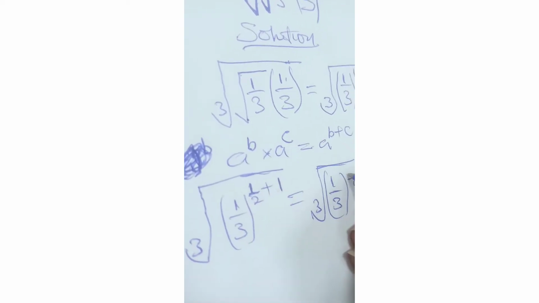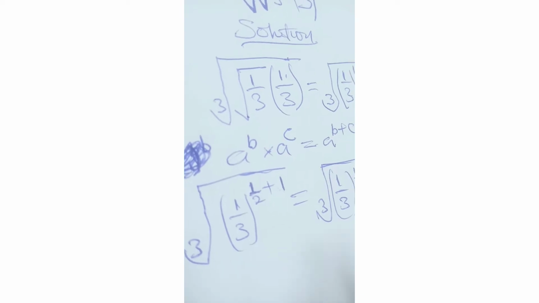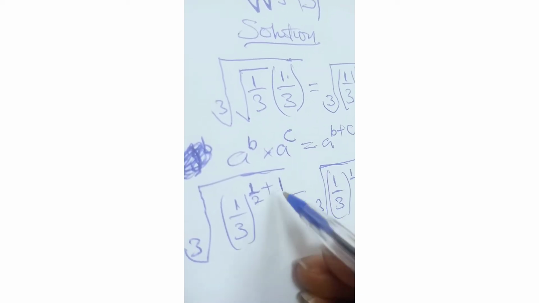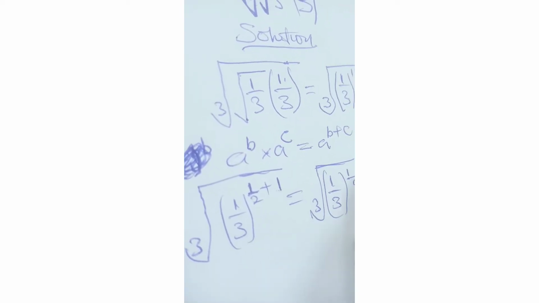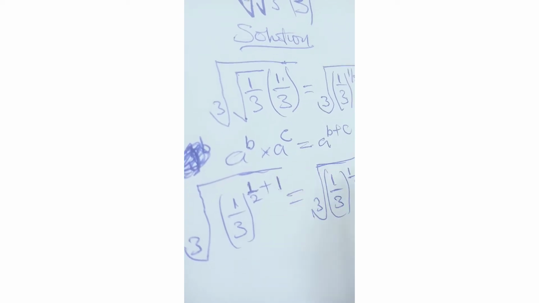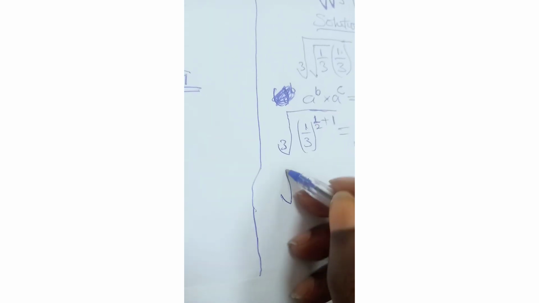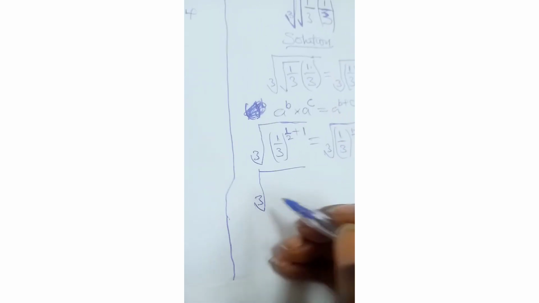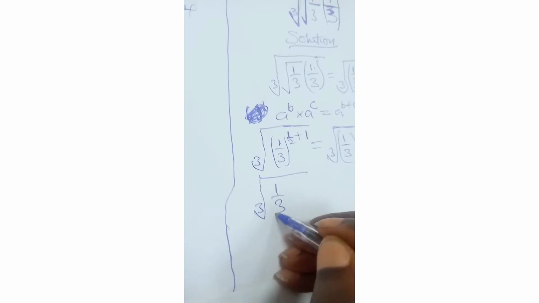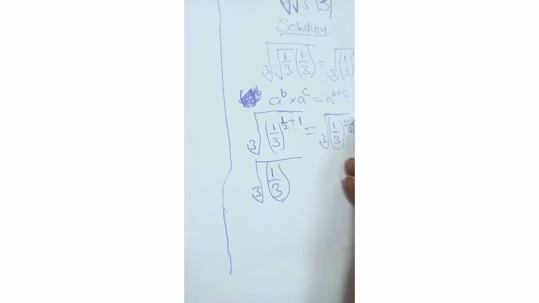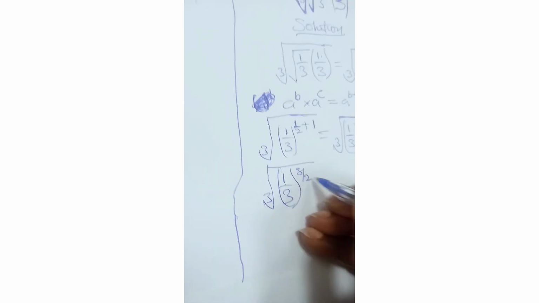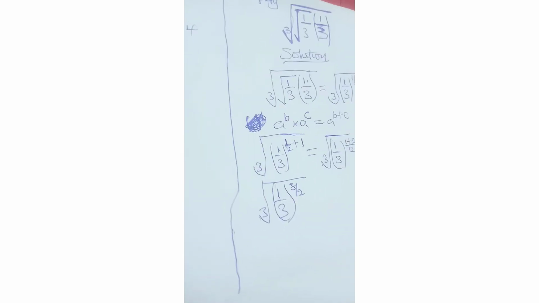We have 1 here, then 2 times this 1, we have 2. That's going to give us the cube root of 1/3 to the power, when we add everything together, 3 over 2.